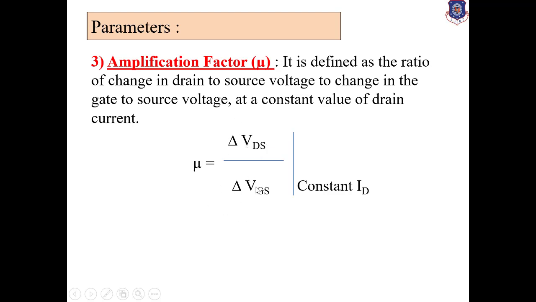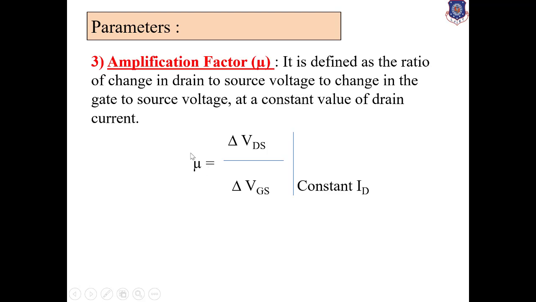So let's consider the change in drain to source voltage over the change in gate to source voltage equal to mu. So the ratio of output voltage to input voltage while the drain current is constant is known as amplification factor.